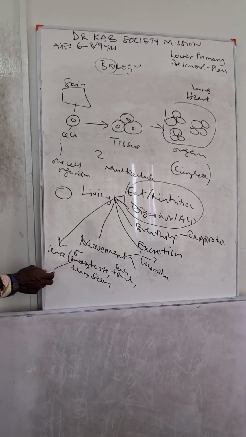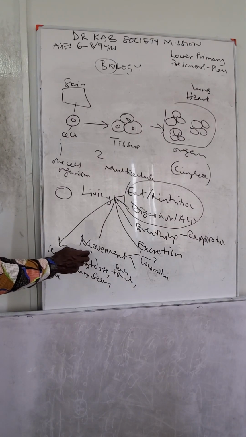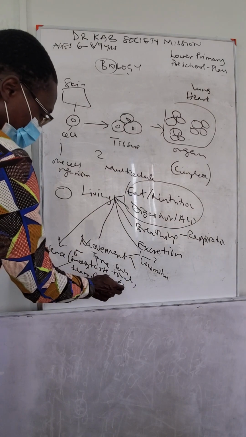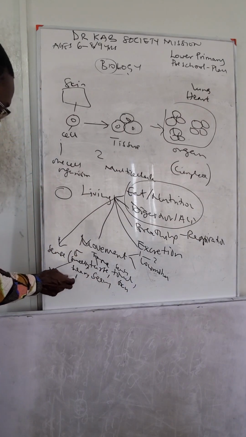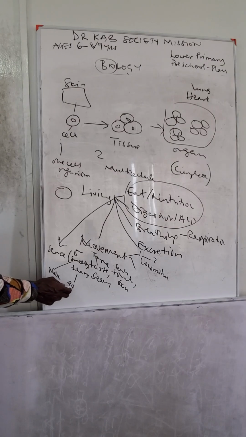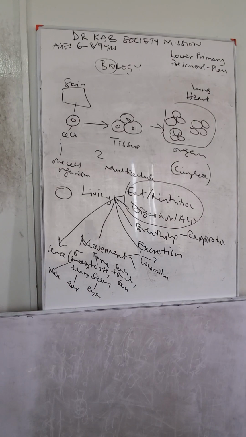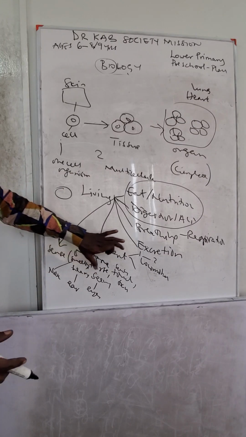The organ for smell is the nose. The organ for taste is the tongue. The organ for touch is the skin, as you can feel it. The organ for hearing is the ear. The organ for seeing is the eyes. So we have five sense organs and their functions.